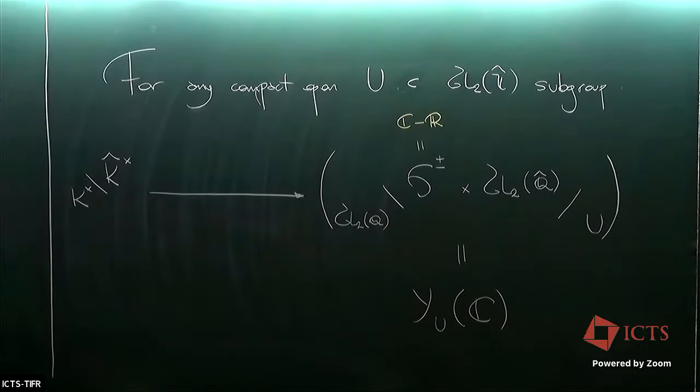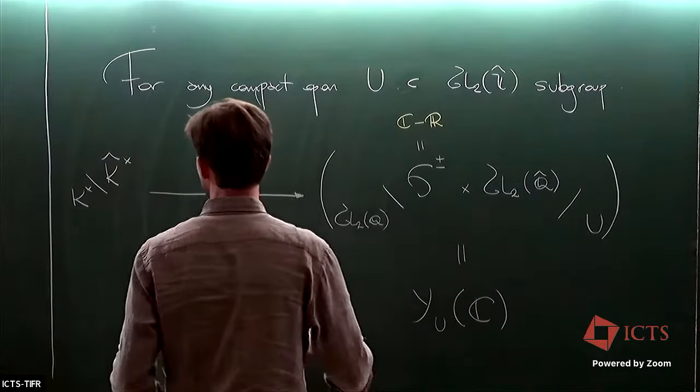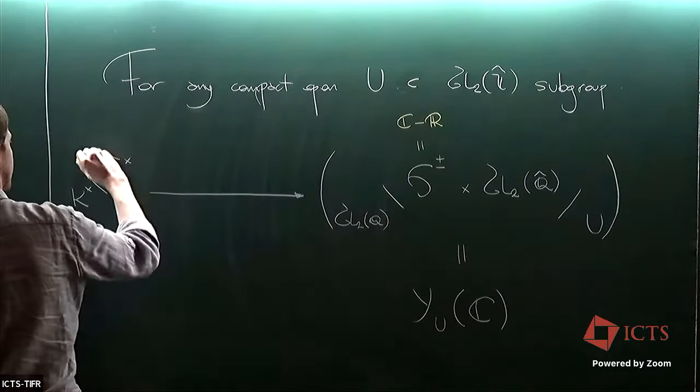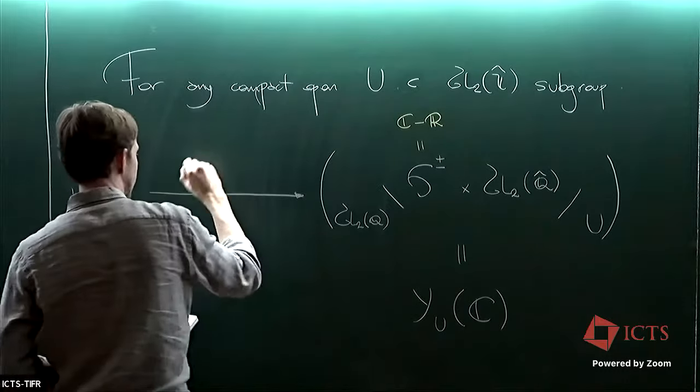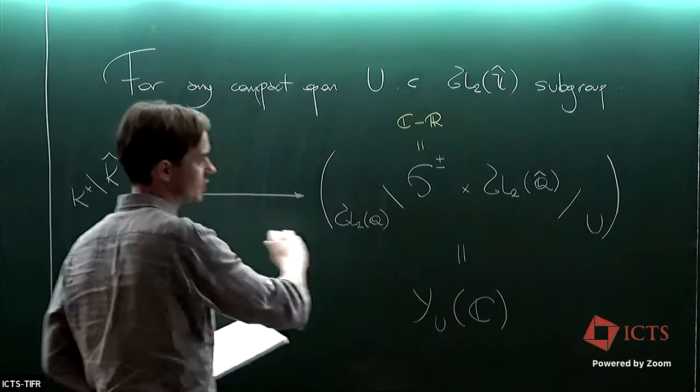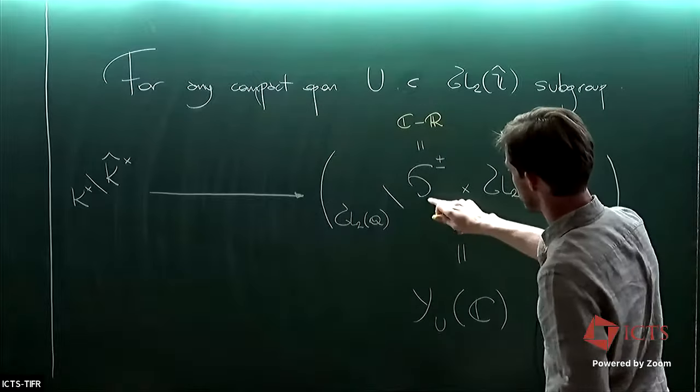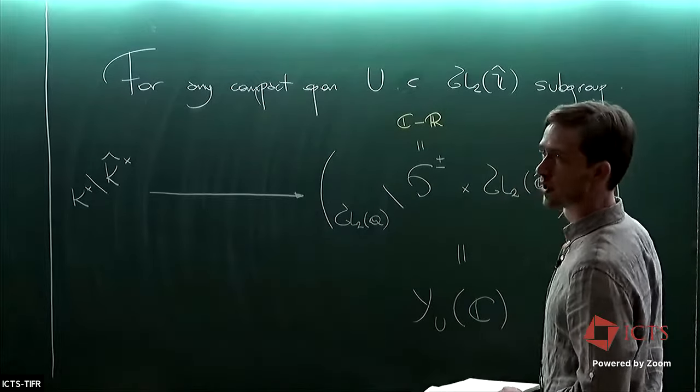And that map is given by sending an element alpha, I guess, to an element of this double coset space. I'm just going to tell you a representative for it before I quotient out.